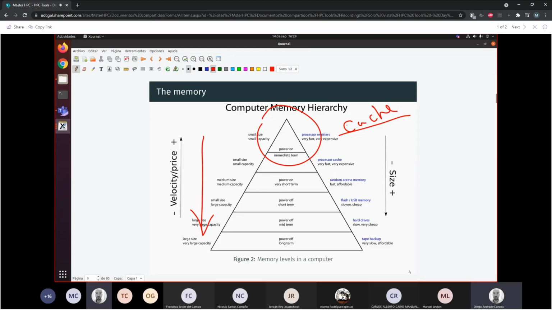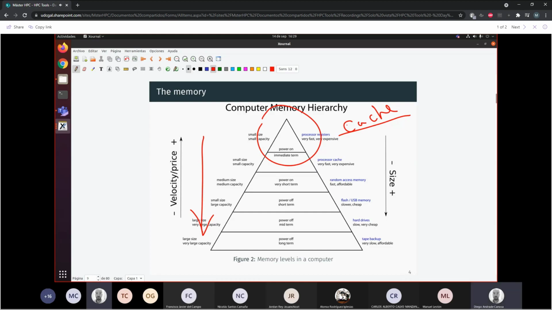And it's a very fast, very small, and very expensive memory that we are using in our computers all the time. And it's also a volatile memory. You know what it means? That everything that is in there goes away when the power goes away, when the power is off.